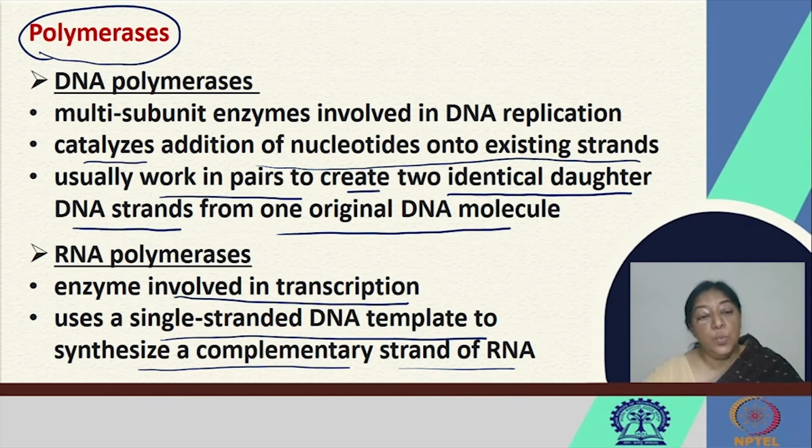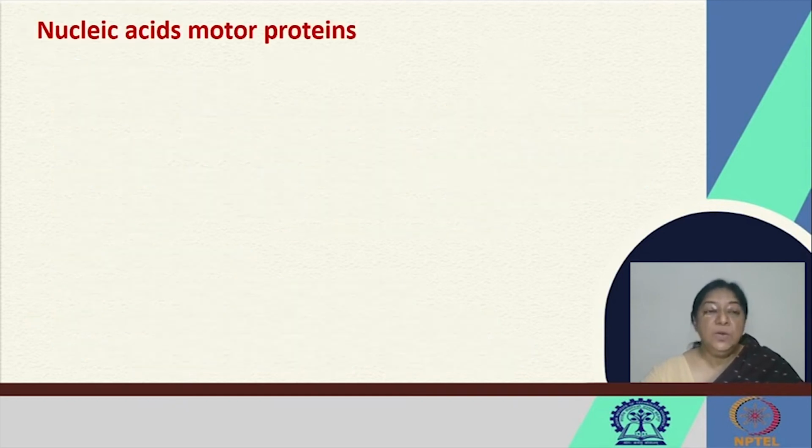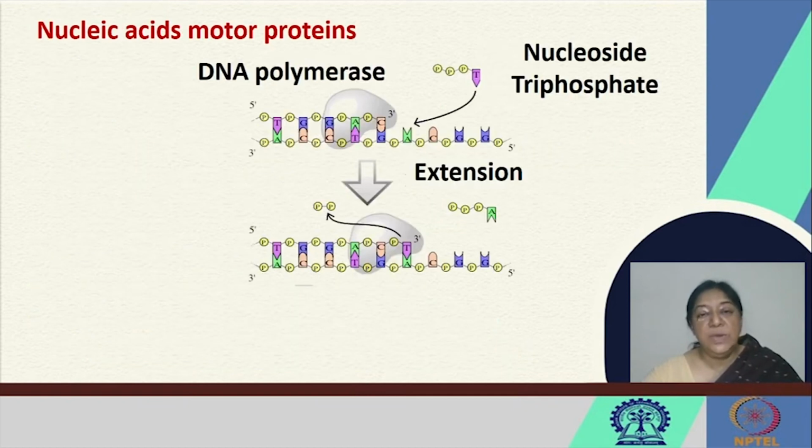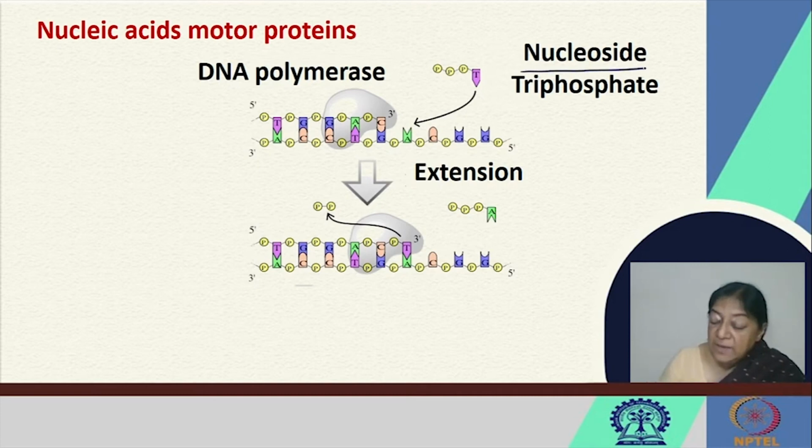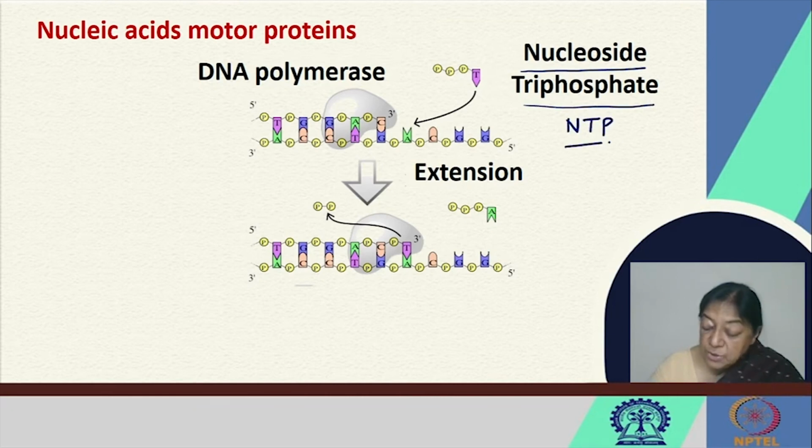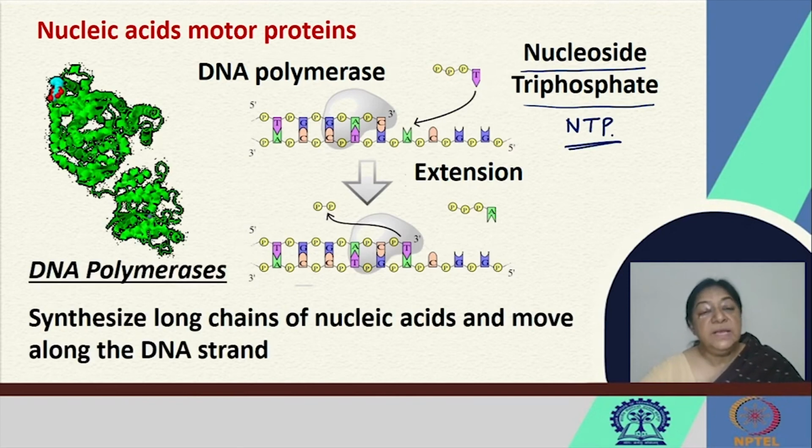If we look at the nucleic acid motor proteins, we have DNA polymerase, for example, in this case, and we have the nucleoside triphosphate, commonly referred to as NTP. The DNA polymerase synthesizes long chains of nucleic acid and moves along the DNA strand. So what happens here?